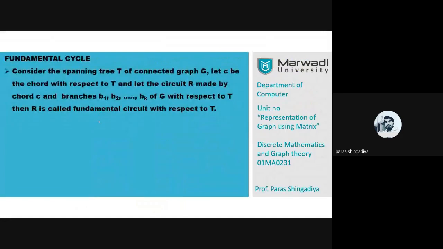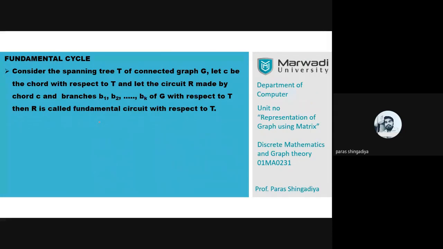Now the next one, the fundamental cycle. It means a fundamental circuit. It is also based on the spanning tree of a connected graph. So let us discuss how we can create a fundamental circuit, which means a fundamental cycle.